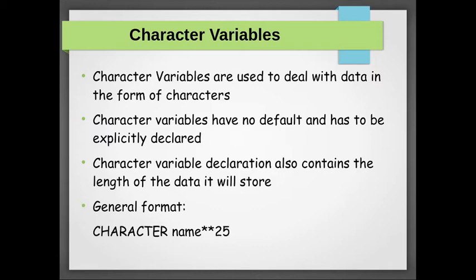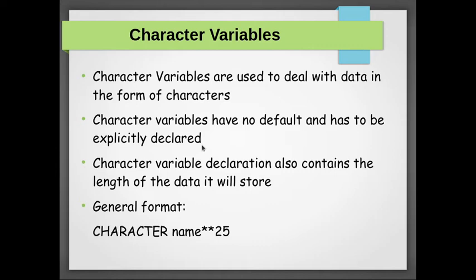We can store it using character variables. Basically what you need to remember is that variables are names of memory locations. So if I want to store character data, I have to name a memory location as a character variable. Character variables have no default and have to be explicitly declared.